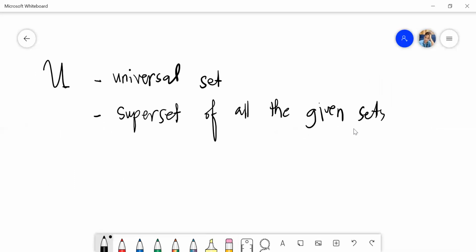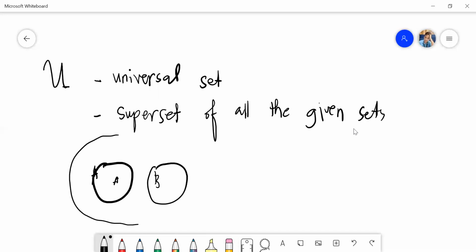So you have set A here, and this is another set B. Your universal set is actually the superset of all the sets available. That's why it's called universal.